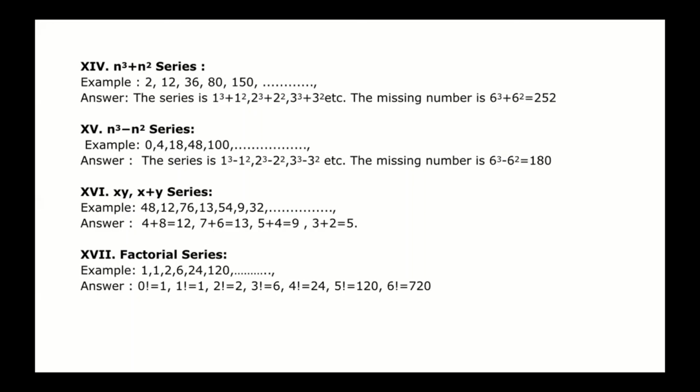None of the given numbers come into the series of prime numbers, multiplication, division, perfect square or perfect cube. So when you are unable to find any such pattern, but you see that the numbers are increasing and decreasing alternately, just check if it is xy comma x plus y.